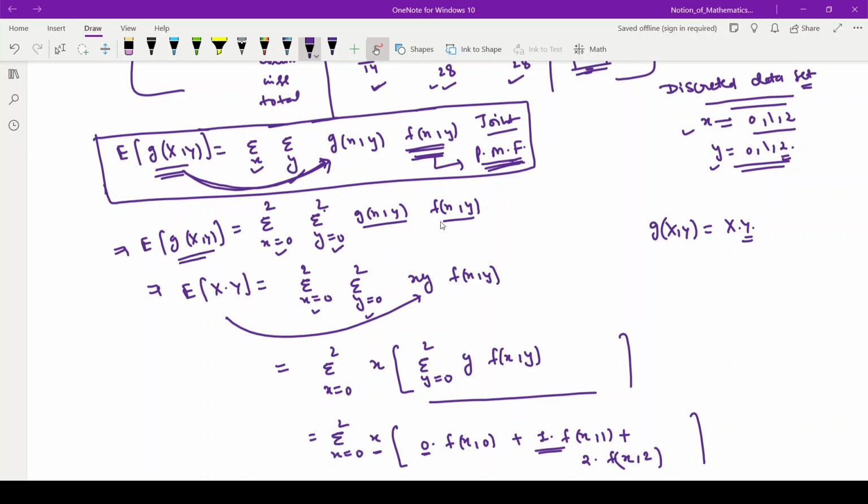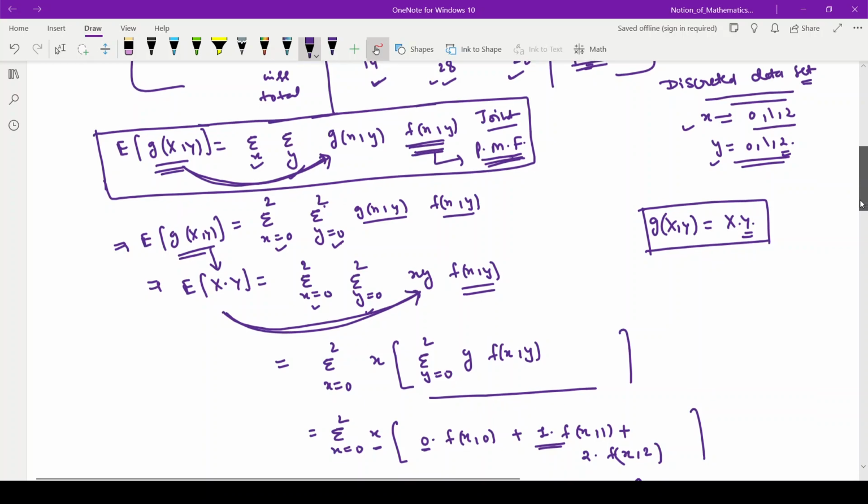What is g(x,y) in this question? That is given already in the content of the question. g(x,y) is x into y, so I am replacing it. So this will be now small xy into the associated joint probability mass function.